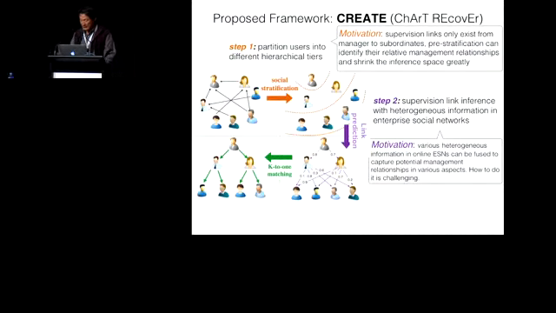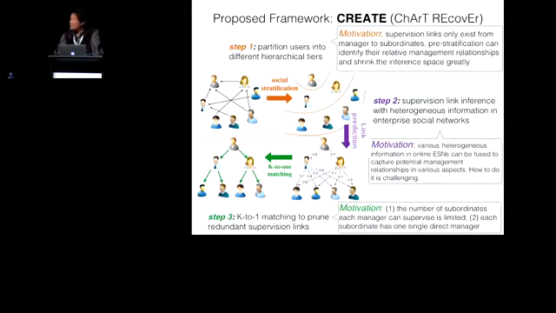Then we have to clean it up, using what we call a K-to-1 matching to prune some of the links, because there's an assumption that every manager has a span of control. If the span of control is n, then we pick the top n links and prune the other links with lower values.